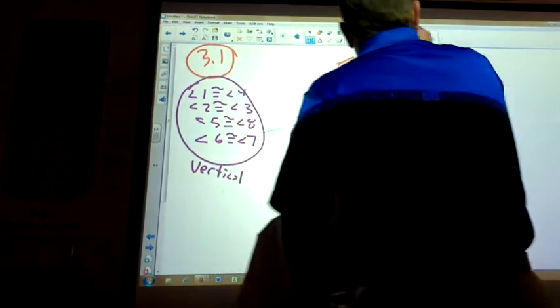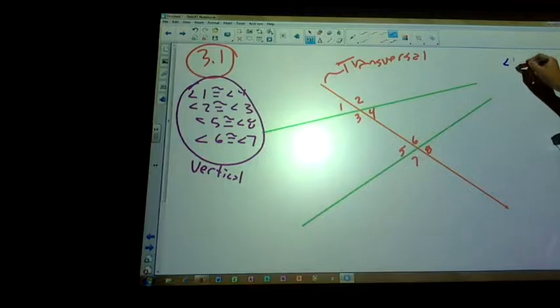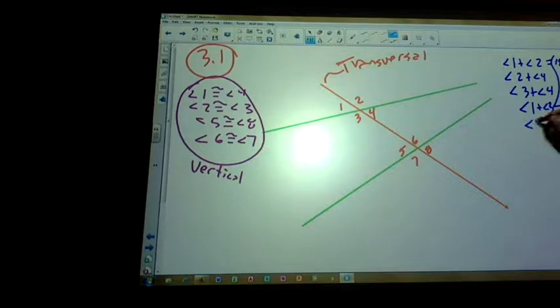Other things that we could state about this is we could say that angle 1 plus angle 2 equals 180. These were all actually equal to 180. And angle 5, angle 7.